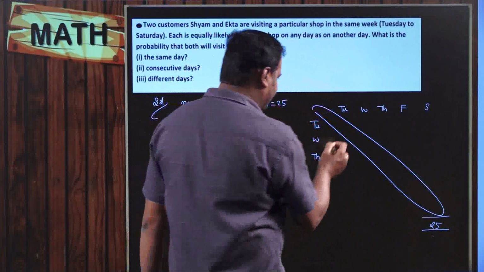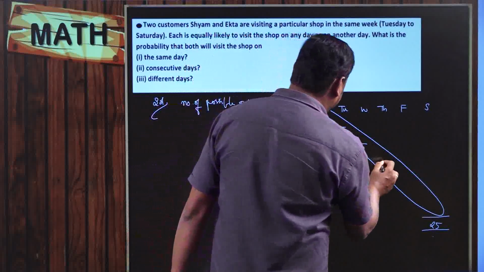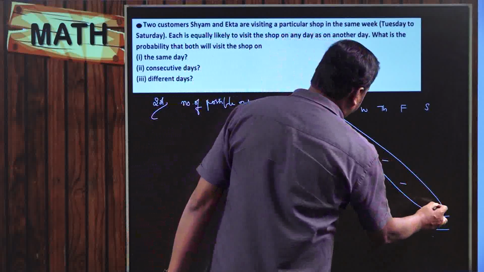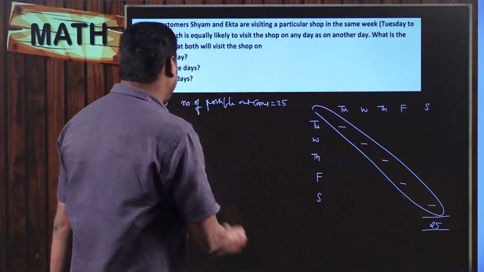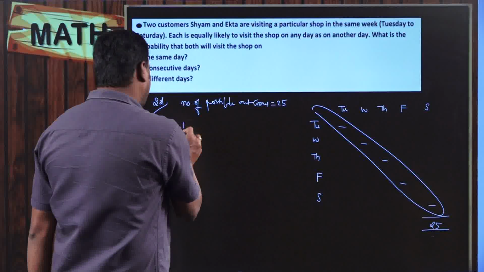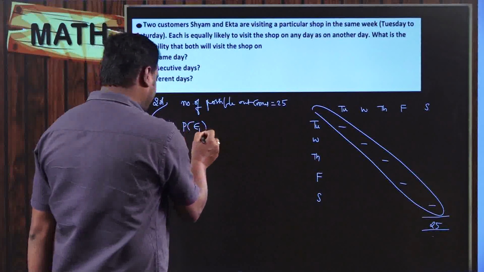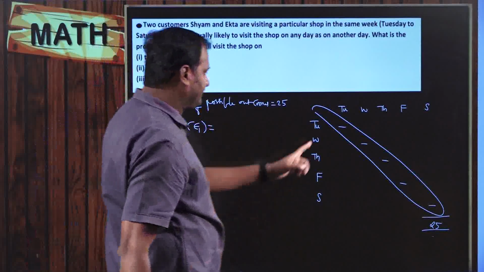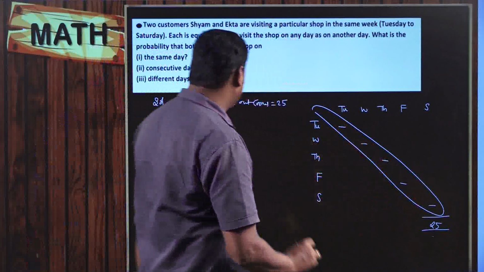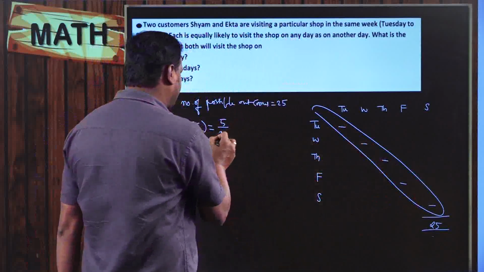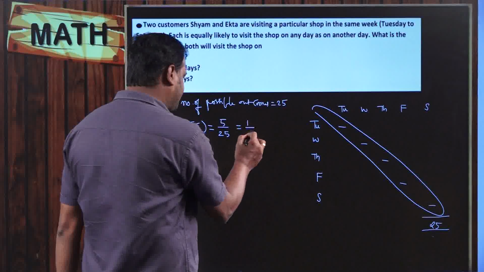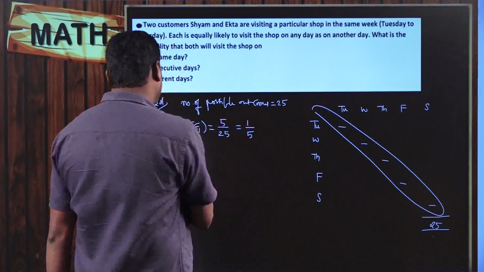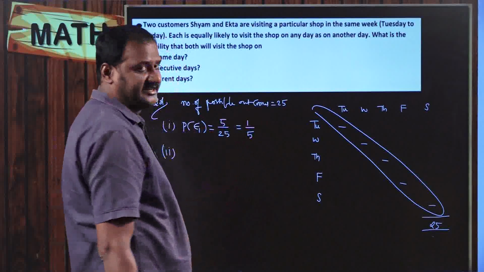On the same day, there are 1, 2, 3, 4, 5. So 5 out of 25, which is equal to 1 divided by 5. That is the probability that they both go for shopping on the same day.